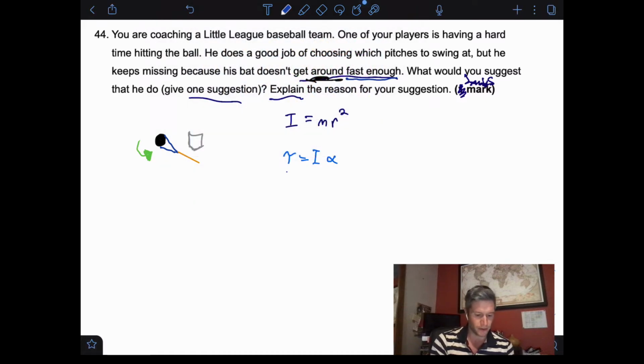Similarly, angular momentum is moment of inertia times angular velocity. The common denominator is this moment of inertia. That's involved in momentum, which is related to angular velocity, and in torque, which is angular acceleration, right?